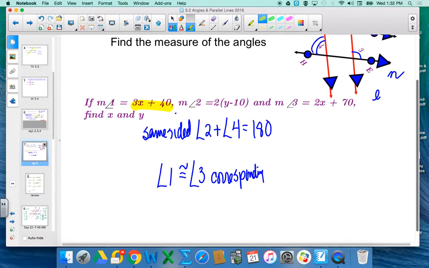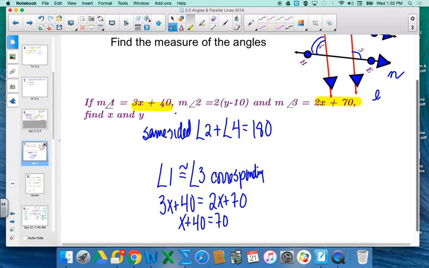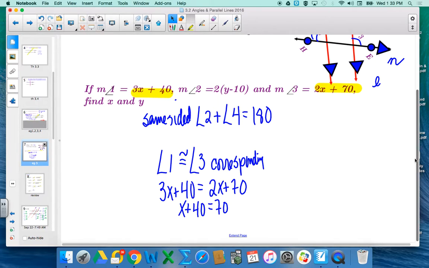So could we take 3x plus 40 and make it equal to 2x plus 70? Subtract 2x, we get x plus 40 is equal to 70. So how much is x? 30.